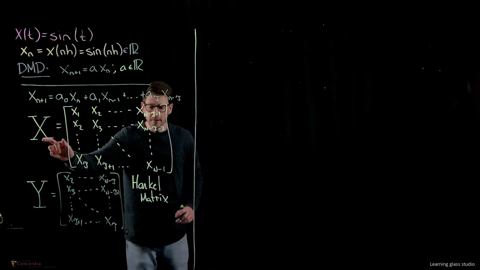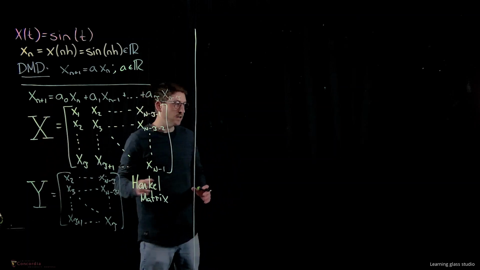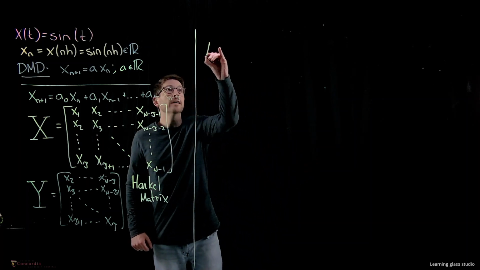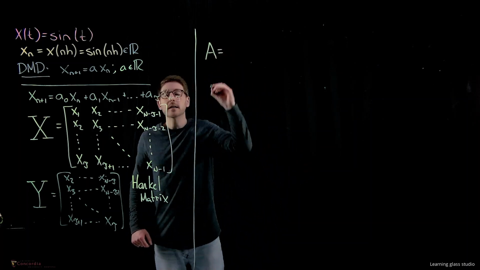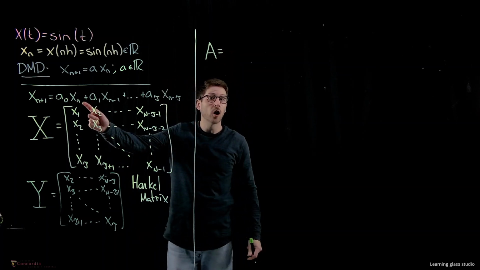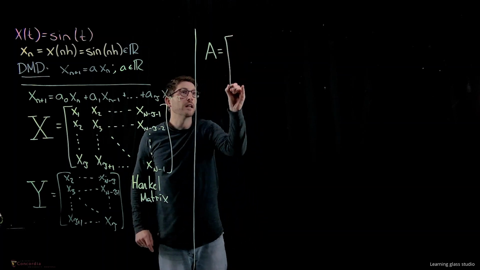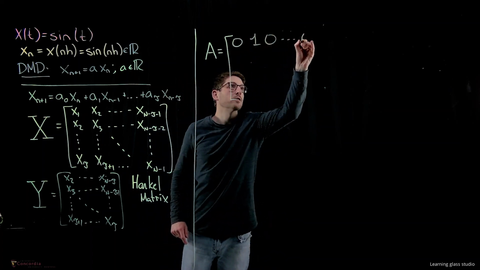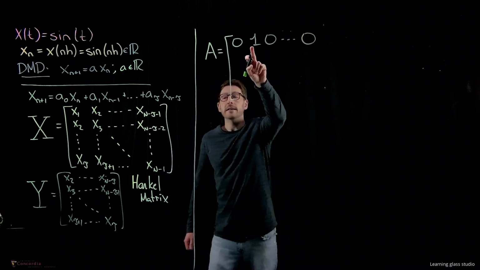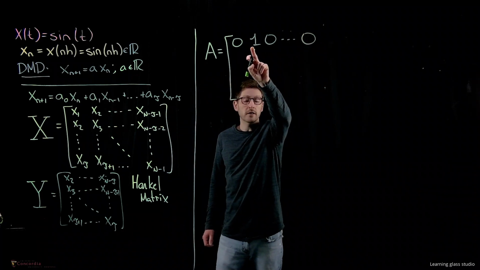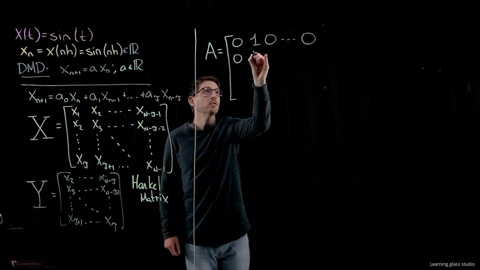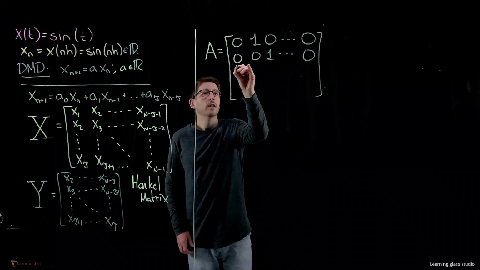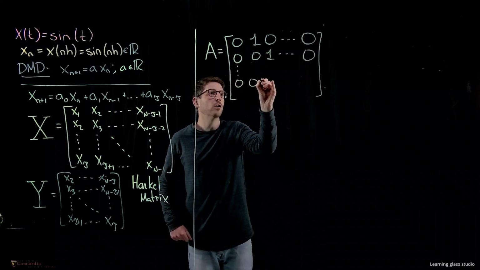So if I use these matrices right here and apply just your standard DMD algorithm, what you would effectively be looking for is a DMD matrix that should mimic this ARMA model, which would be something like this. 0, 1, 0, and then zeros all the way across. And all that's doing is pushing you forward 1 unit in time. And then 0, 0, 1, zeros all the way across. And you would do this until the second last row.